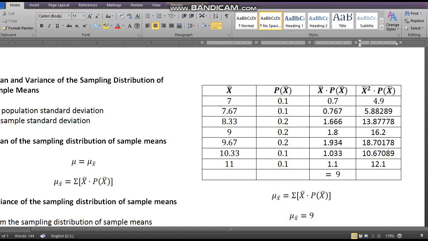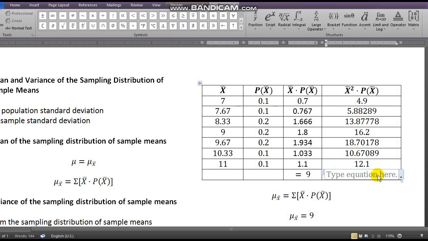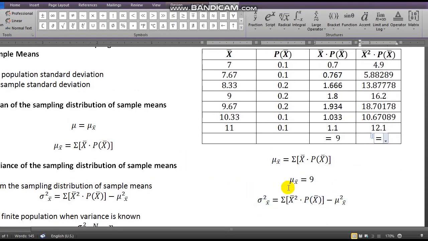So from here we are going to get the sum of the entire data since we are looking for the summation.